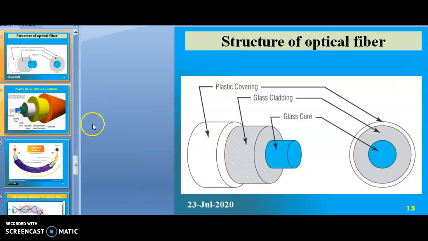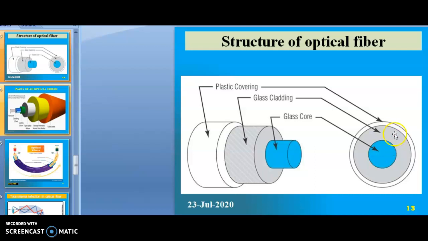Now let us see another view of the optical fiber structure. So this is the plan. If I see from the front side of an optical fiber, it appears like this. Here the blue color one is the core material. It is the main part through which the light energy travels from one end to the other end without any loss of energy.